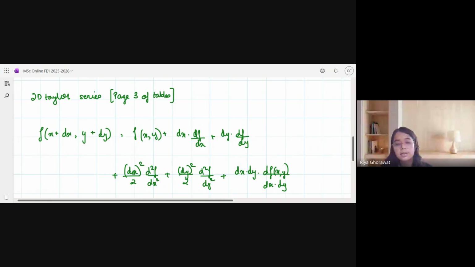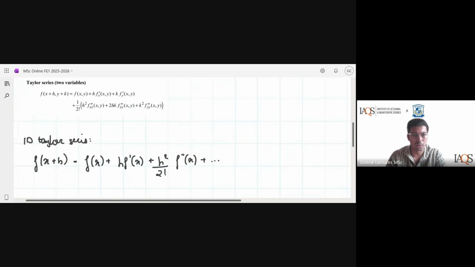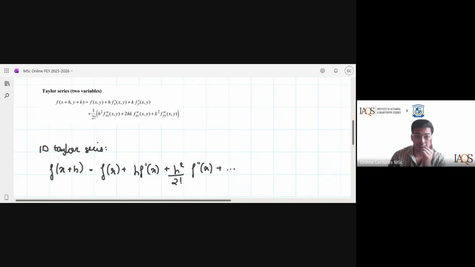I didn't understand the last one. The last part. So if you see this equation, you have f of x comma y plus h f dash with respect to x plus k f dash with respect to y, plus you had h square by 2 factorial f double dash x. Over here, you have 1 by 2, but this becomes like a plus b the whole square because you have two variables now. So you have a square plus b square plus 2ab.